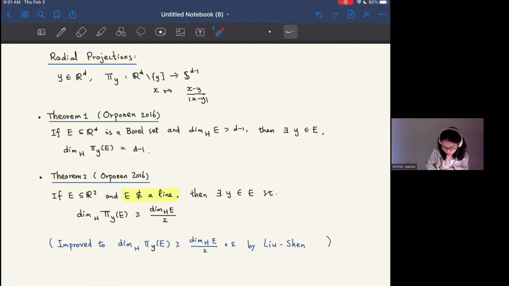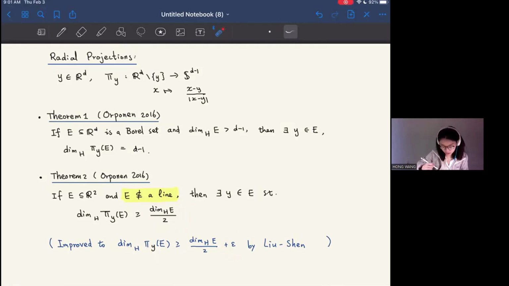And this was later improved by Liu and Shen to 1/2 of the dimension of E plus epsilon. And of course, as you might guess, this epsilon uses Bourgain's projection theorem. So back to our first theorem with Shmerkin.